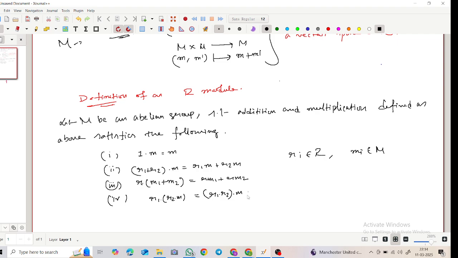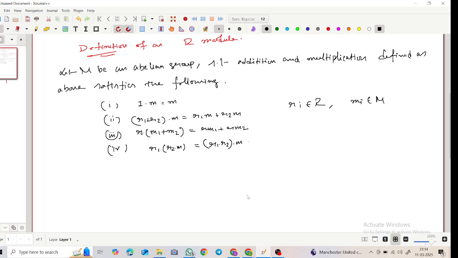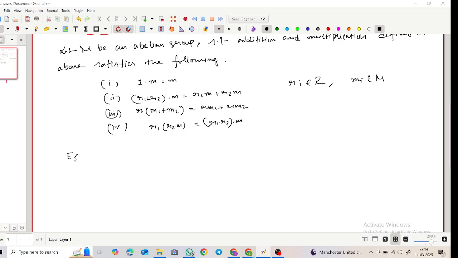So this is the vector space structure. For a few examples: one, any abelian group G is a Z module, because they will satisfy each and every one of these.